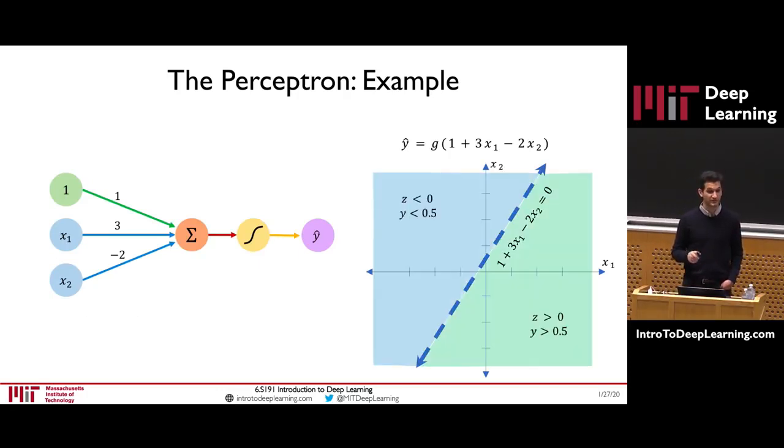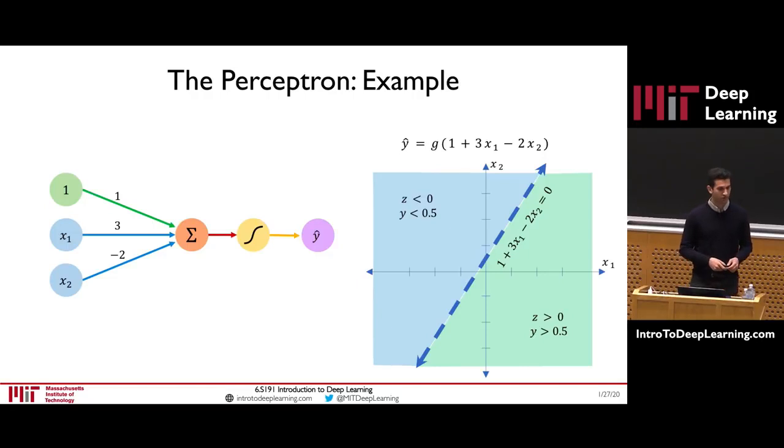For the entire feature space, let's call it, for any point on this plot, I can tell you if it lies on the left side of the line, that means that before we apply the nonlinearity, the z, or the state of that neuron, will be negative, less than 0. After applying that nonlinearity, the sigmoid will give it a probability of less than 0.5. And if it falls on the right side of the line, it's the opposite story. If it falls right on the line, it means that z equals 0 exactly, and the probability equals 0.5.